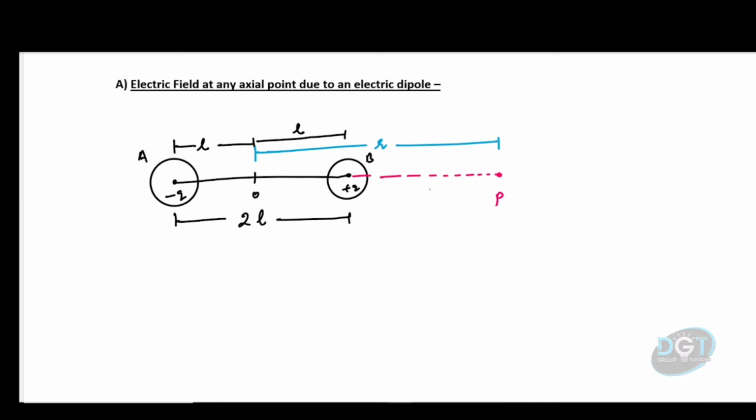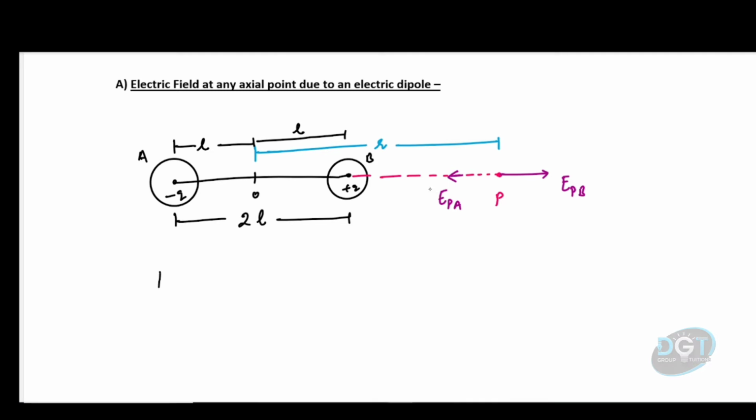Now, the direction of the electric field would be somewhat like this. Here is the electric field at P due to B, and this represents the electric field at P due to A, because the electric field moves outward from the positive charge and towards the negative charge. Thus, we have made the directions of these two electric fields.